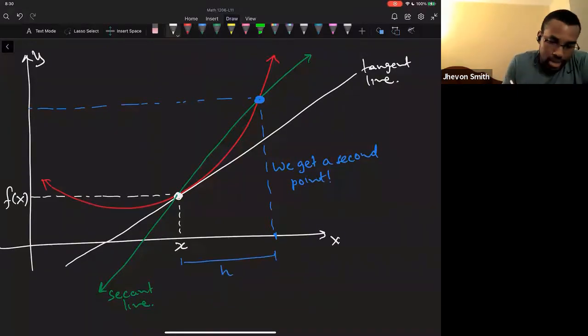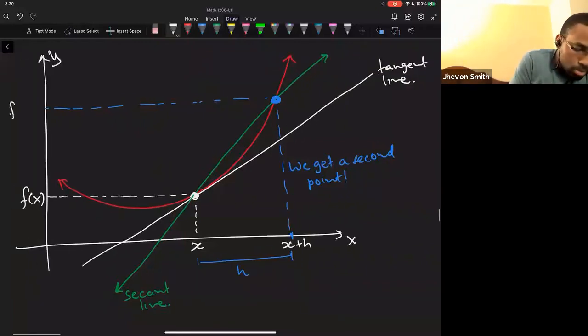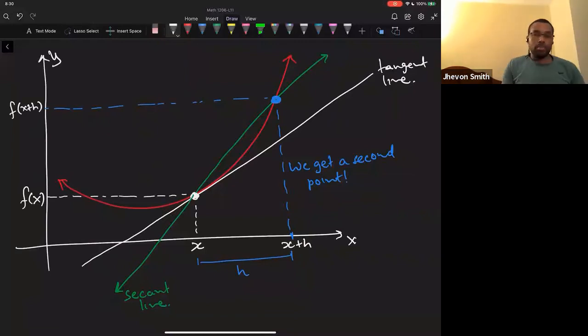So the second point we get is x plus h, which means this would output f of x plus h. Now we have that, and we're like, all right, what do we do now? Because yeah, I can get 2 points with the secant line, but that's not the line I care about. I care about the tangent line. How can I get to the tangent line? I know I can find the equation of the secant line if you give me these 2 points. That's no problem. We've done that all the time, but the tangent line is still an issue here.